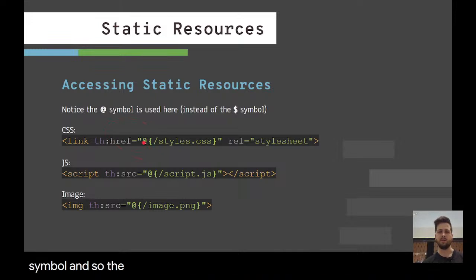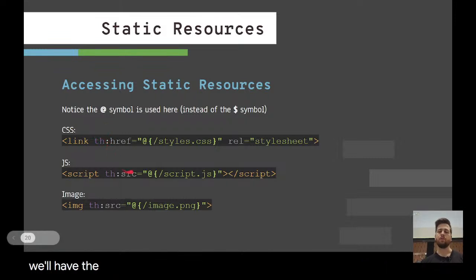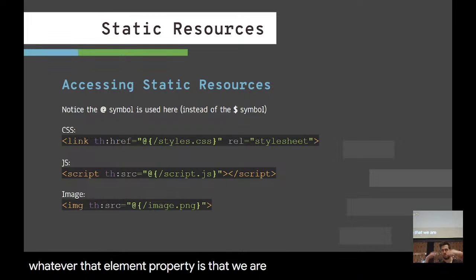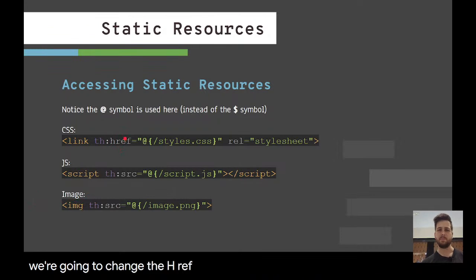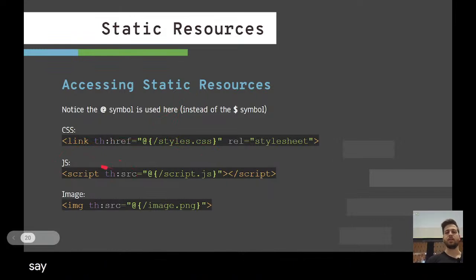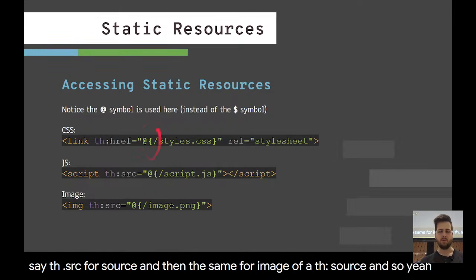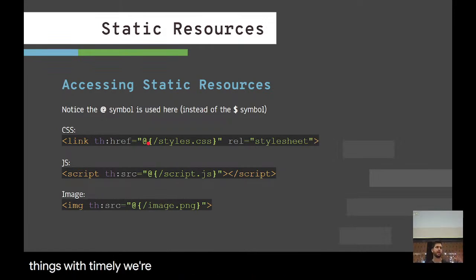You'll notice we have our th for our Thymeleaf syntax, then the colon, and then the next thing is dependent on whatever element property we are setting. If it is a link tag, we're going to change the href and set it to @styles.css. If it's a script tag, we say th:src for source, and the same for image. The important thing to notice here is the @ symbol, because for most other things with Thymeleaf, we're not using the @ symbol, we're using the $ sign.